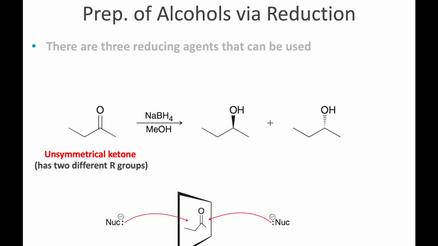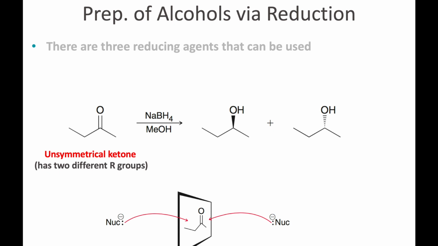Okay, notice that when you have an unsymmetrical ketone, which basically means it has two different R groups, like in this example here, we have the ethyl group here and a methyl group on either side of the ketone. When you have that unsymmetrical ketone, you will get a racemic product. What does that mean? You will get both enantiomers of the alcohol.